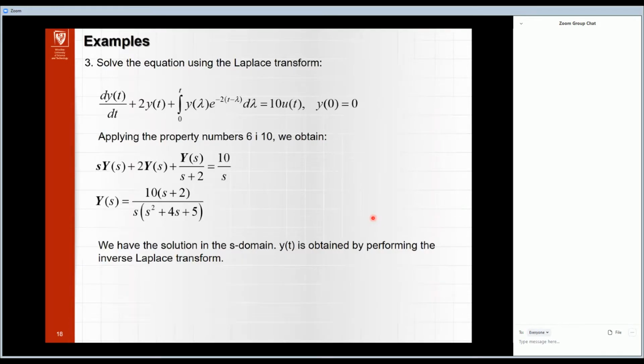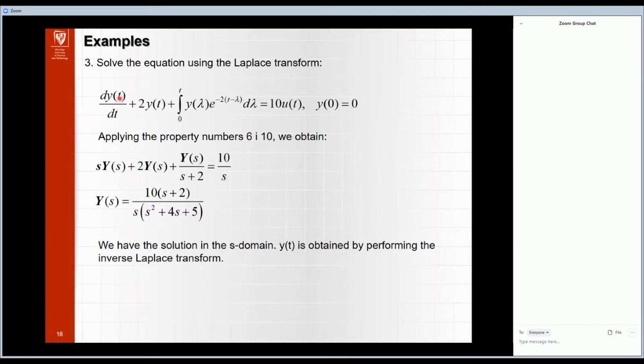Okay, and now we can try to solve equations using the Laplace transform, and we have these equations in the time domain, and we want the initial conditions, and we can apply the properties number 6, which is connected with differentiation, and number 10, connected with convolution.